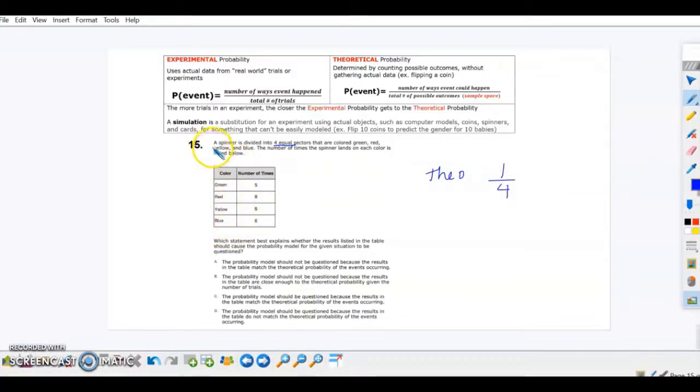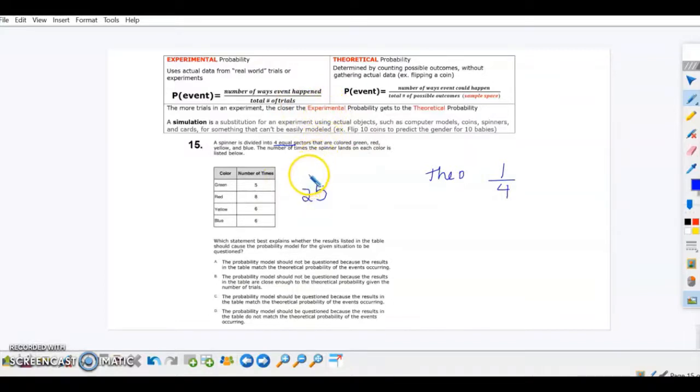And so let's figure out how many times they were spinning the spinner here. I would need to add all of those up, and we would find that there were 25 spins here, which isn't a whole lot, but it is quite a bit.